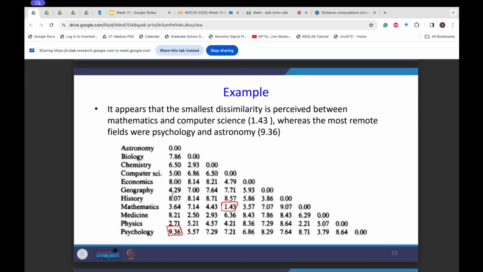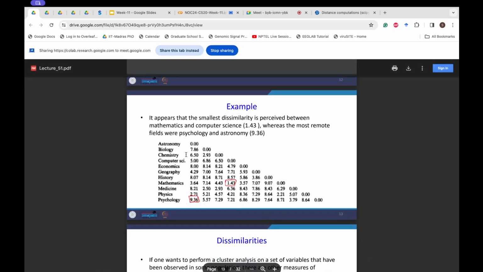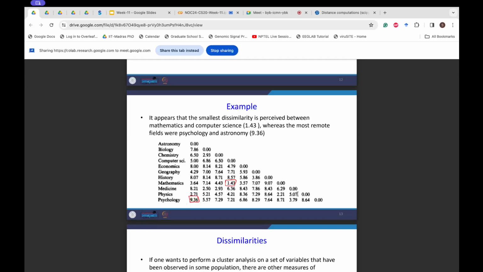A survey was done, and the distances were found subjectively from many students, and then they were averaged out, like the distance between astronomy and all these fields. Whatever values you are seeing over here are average values, and they are computed using a survey done from students. So either you can compute it quantitatively or you can compute it subjectively using certain surveys.